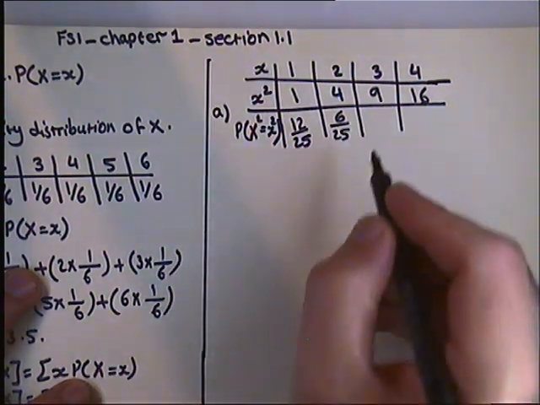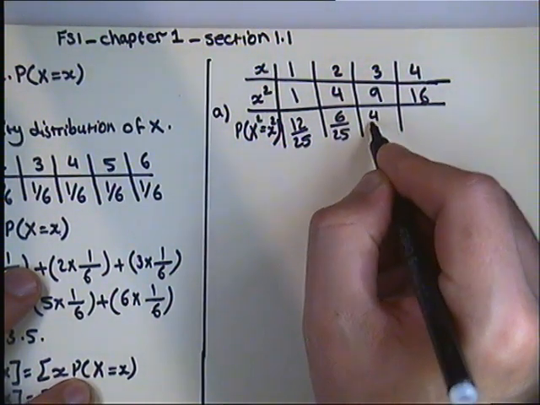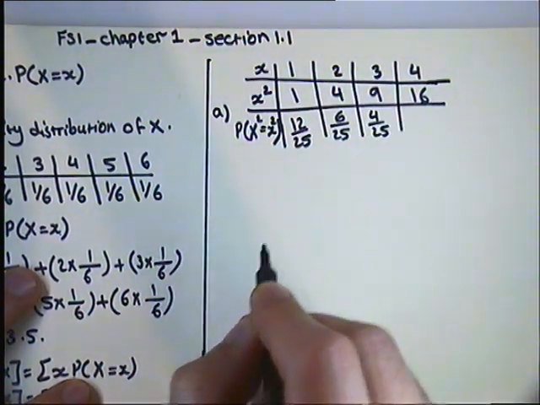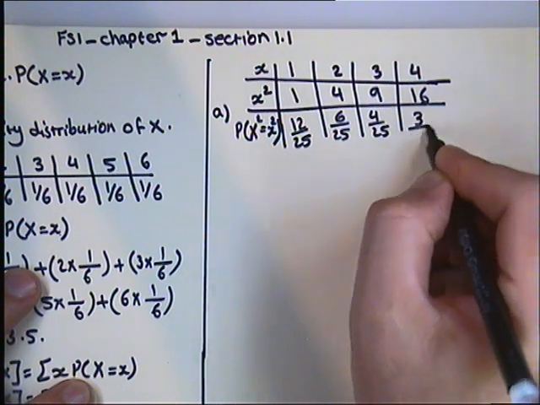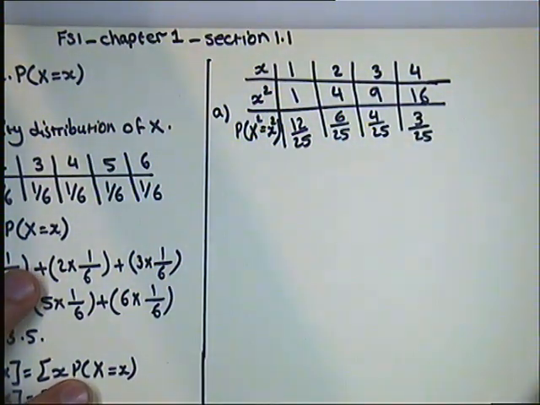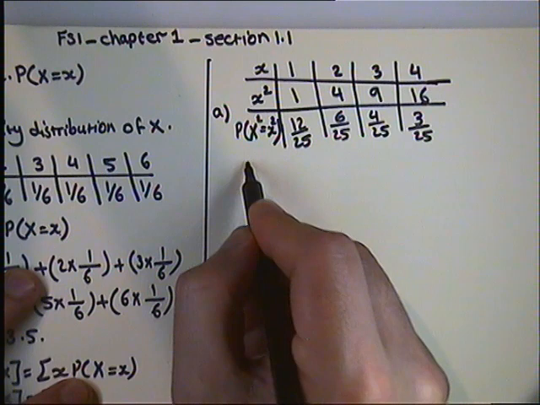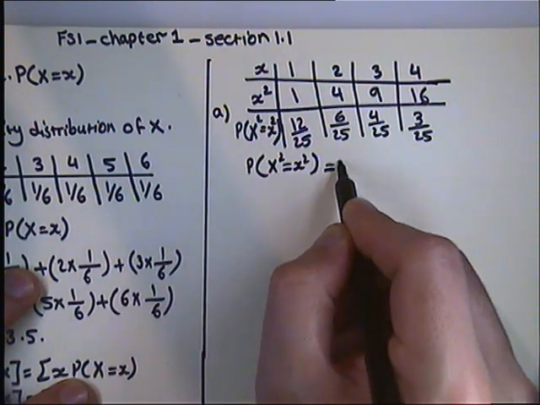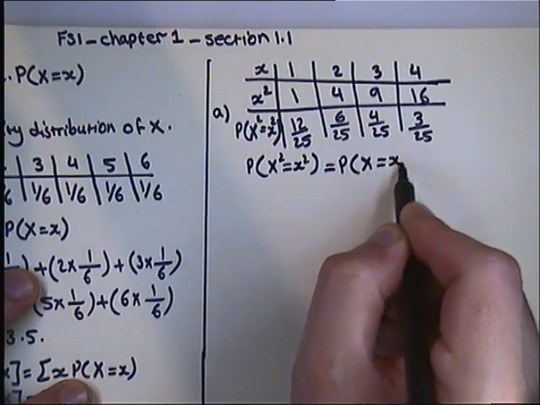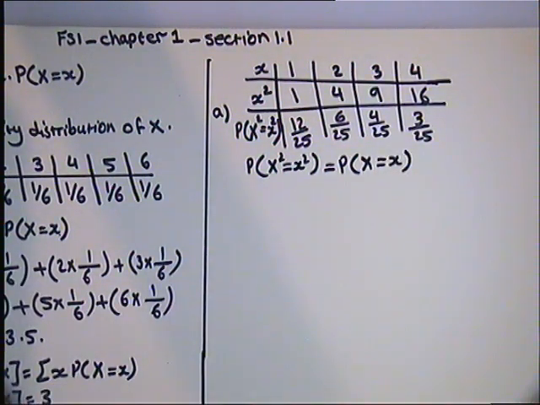And 9 is 4 over 25. 16 is 3 over 25. In other words, the probability of x squared equals x squared is the same as the probability of random variable x equals x. So it doesn't change at all.